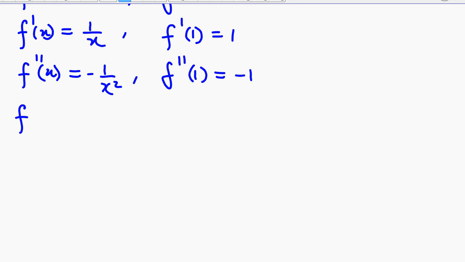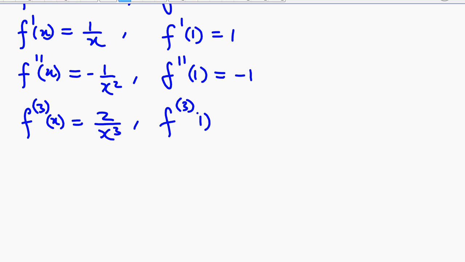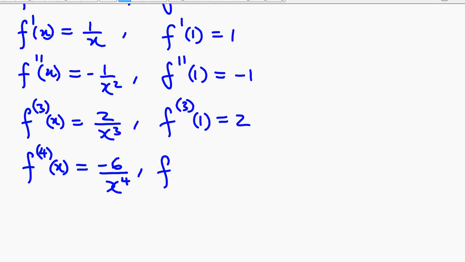The third derivative of this function will be 2 over x cubed, and the value of the third derivative at x equals 1 will be equal to 2. The fourth derivative of this function will be equal to negative 6 over x to the power 4. The value of the fourth derivative at x equals 1 will be negative 6.